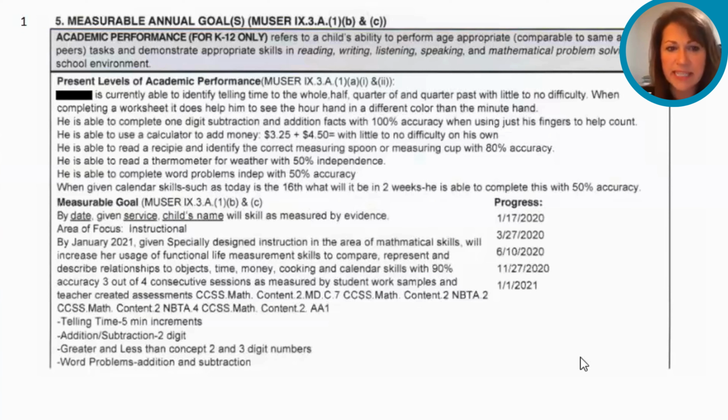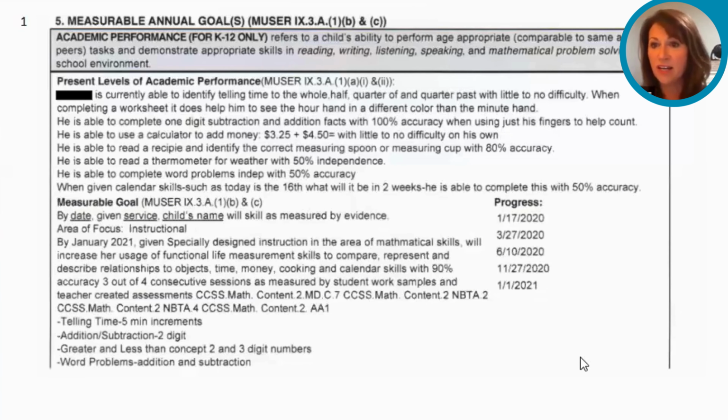In this particular case, by January 2021, given specially designed instruction, which, for those of you who aren't familiar, is special education. If a child has an IEP, then they receive specially designed instruction. In the area of mathematics skills, she will increase her usage of functional life measurement skills to compare, represent, and describe relationships to objects, time, money, cooking, and calendar skills with 90% accuracy, 3 out of 4 consecutive sessions, as measured by the student's work samples and teacher-created assessments.